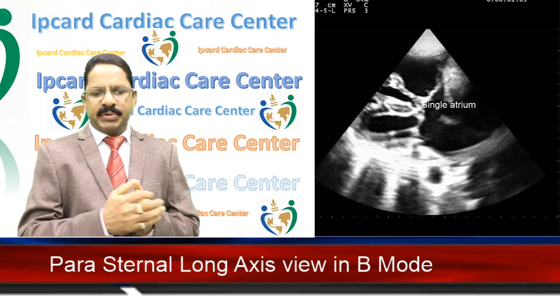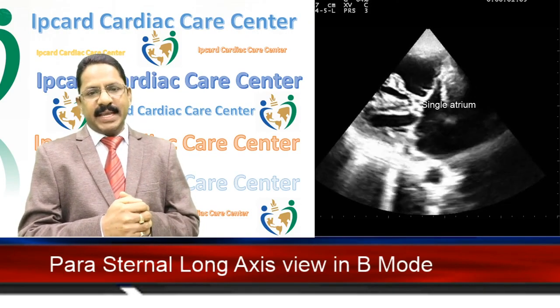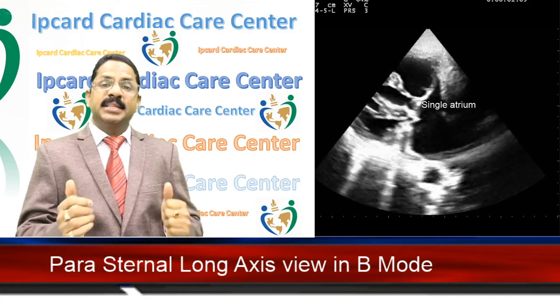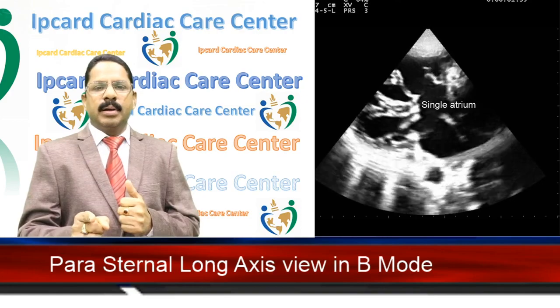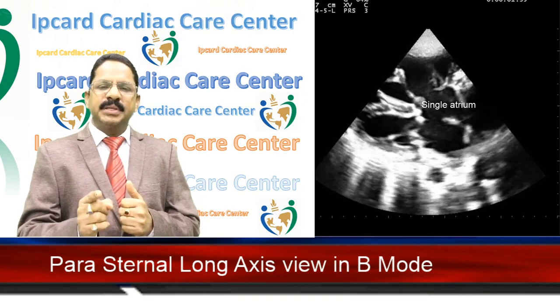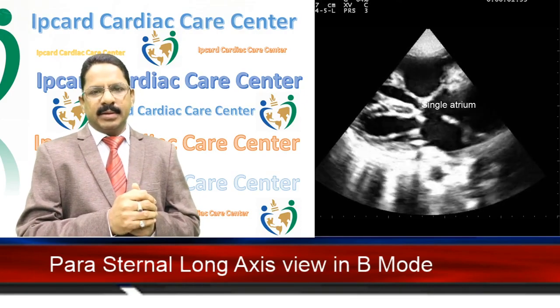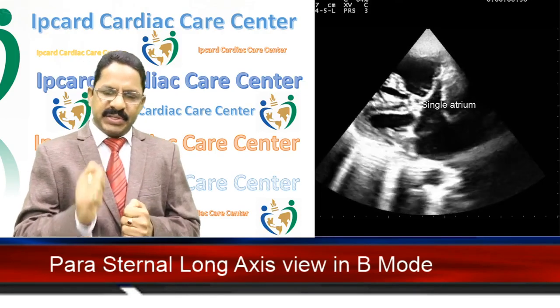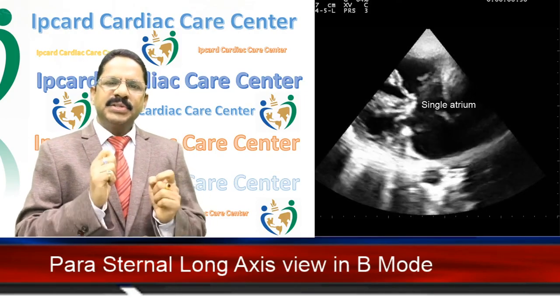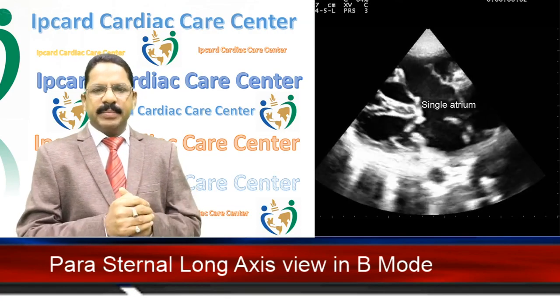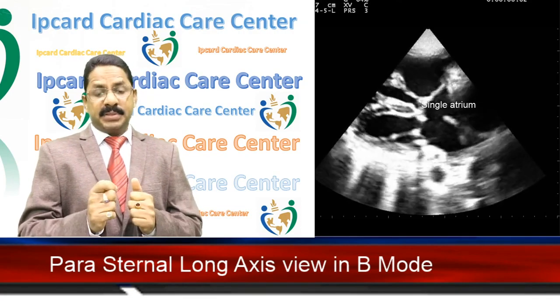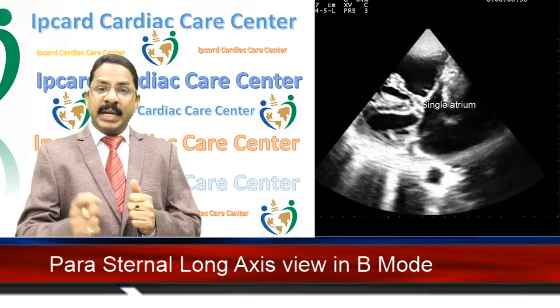This is very complex to treat, but an expert surgeon can treat this patient provided her pulmonary artery pressure is normal or reversible. One thing I want to stress here: in congenital heart disease, cyanotic or acyanotic, sometimes the pulmonary artery pressure is reversible.